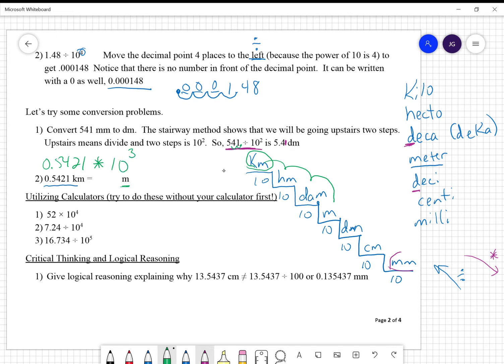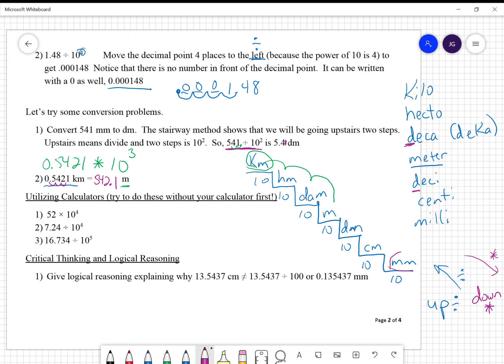So I'm going to take my decimal point and move it 3 places, 1, 2, 3 to the right. I get 542.1 meters. Okay, so it all deals with the steps. Going up is divide. Going down is multiply.